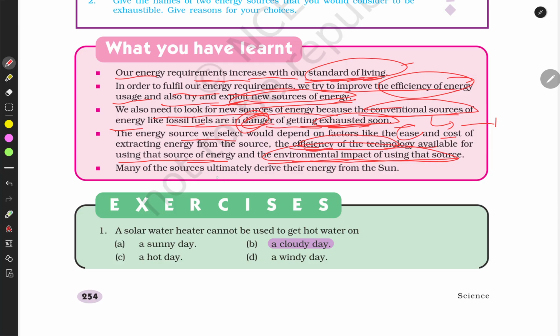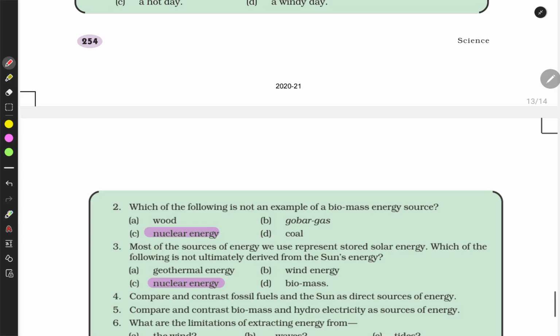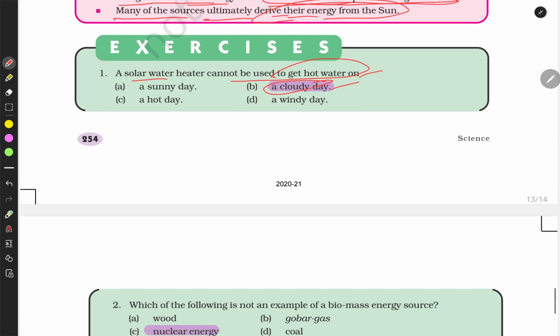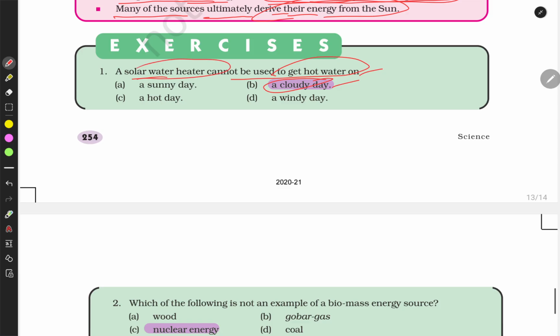Many sources ultimately derive their energy from the sun. So let's quickly do it. The solar water heater cannot be used to get hot water on a cloudy day because there will be no sun rays. Solar water heater, what is that?